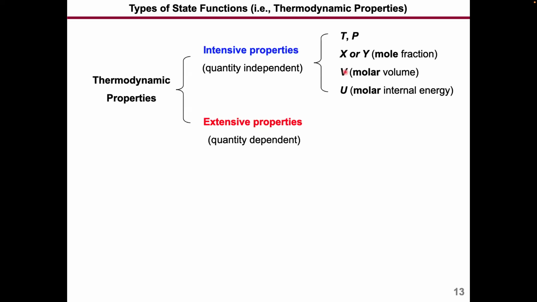And then v, lowercase, is molar volume. Molar volume is volume per mole. It's already normalized to the amount of the species that you have, so it's basically an intensive property. And then U is molar internal energy. Okay, so these are all intensive properties.